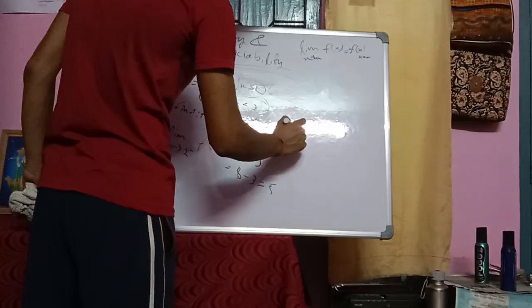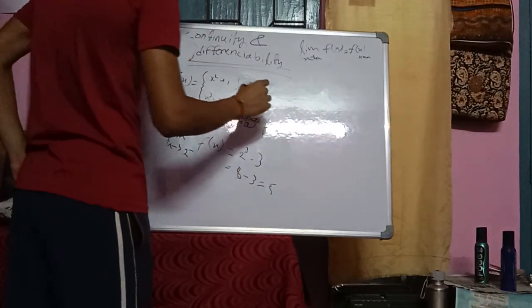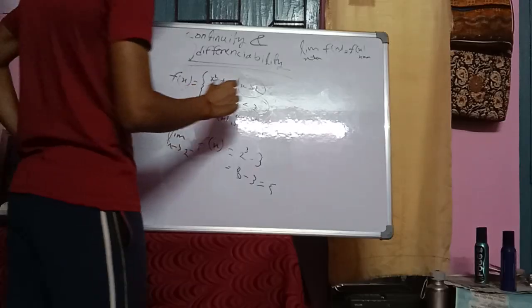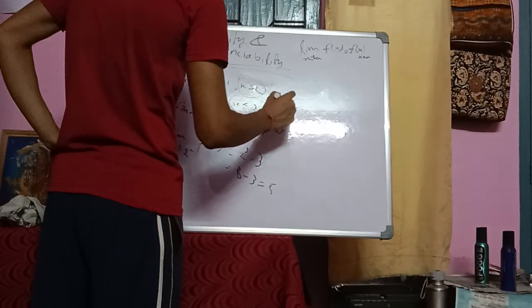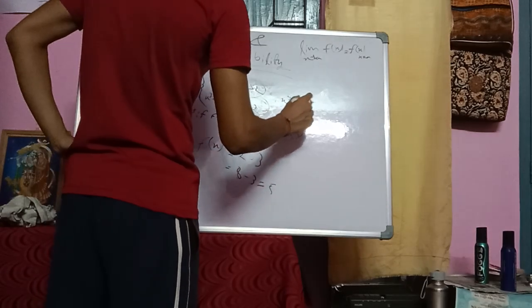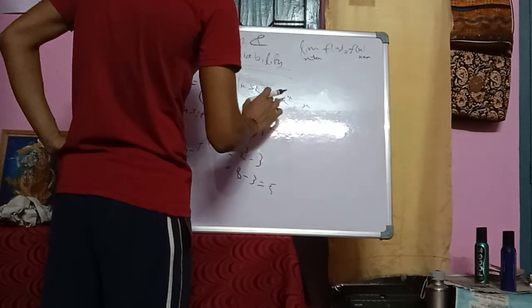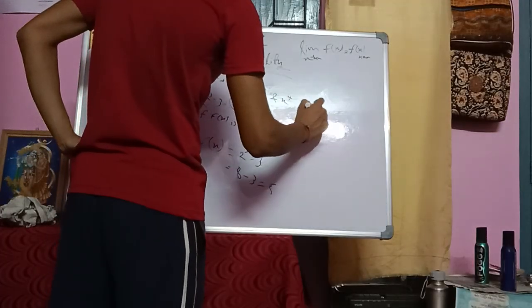Let's check if it's continuous at point 2. But at point 2, f of x is defined as x to the fourth, let's say, when x is equal to 2.